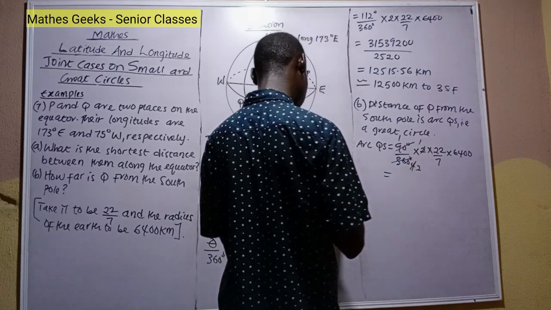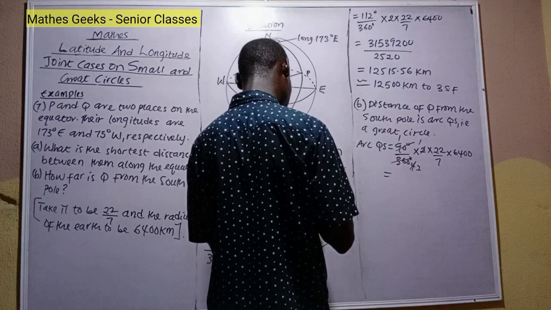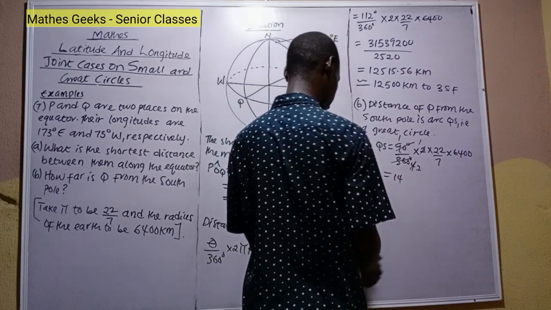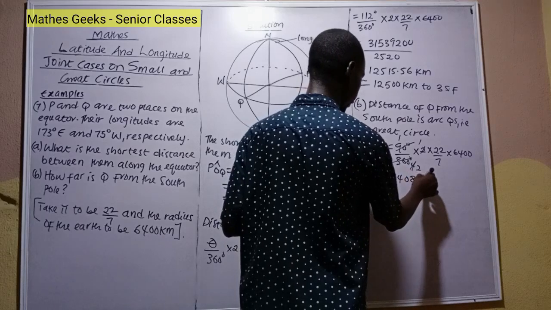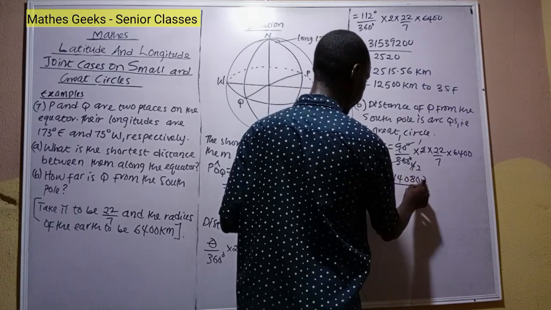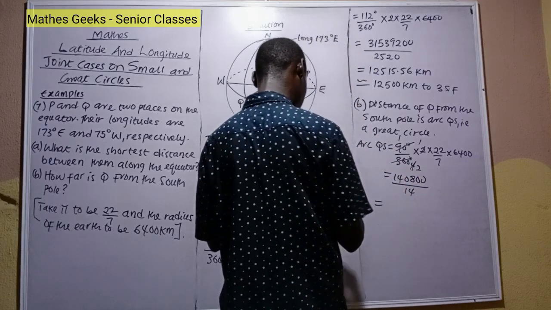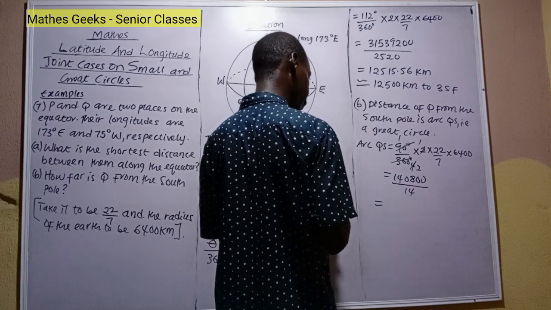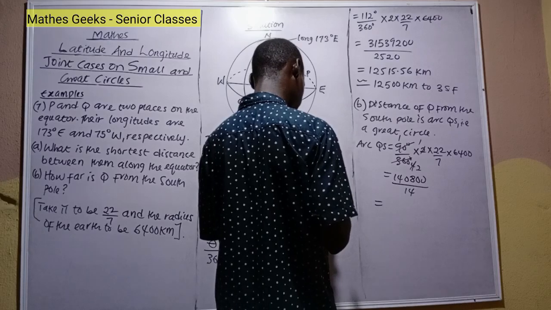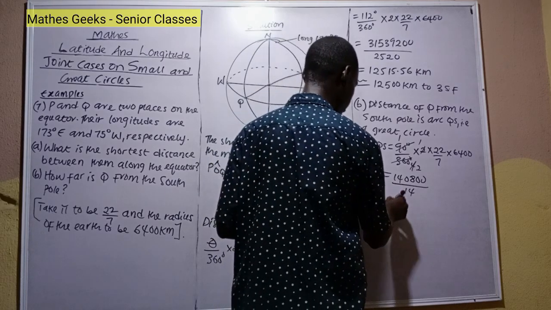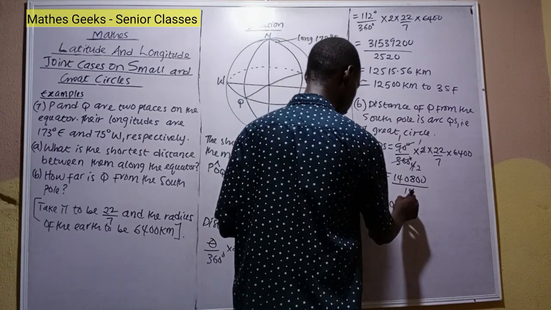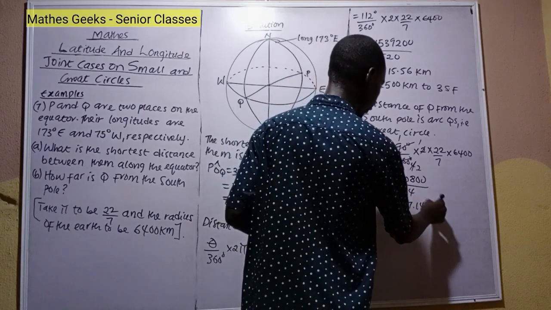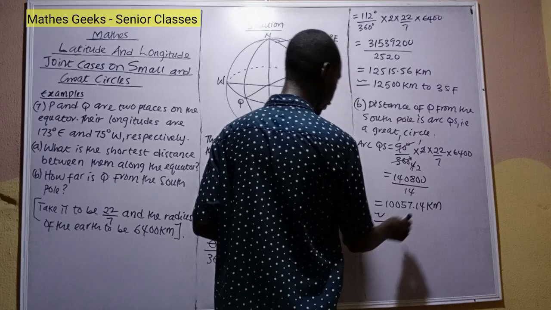So 22 times 6,400 is 140,800. 2 times 7 will give us 14. 140,800 divided by 14 is 10,057.14 kilometers approximately.